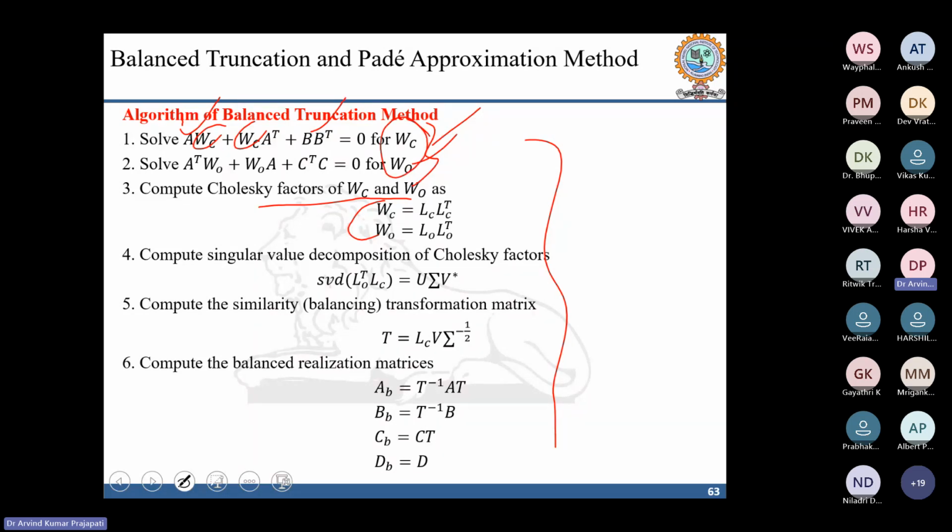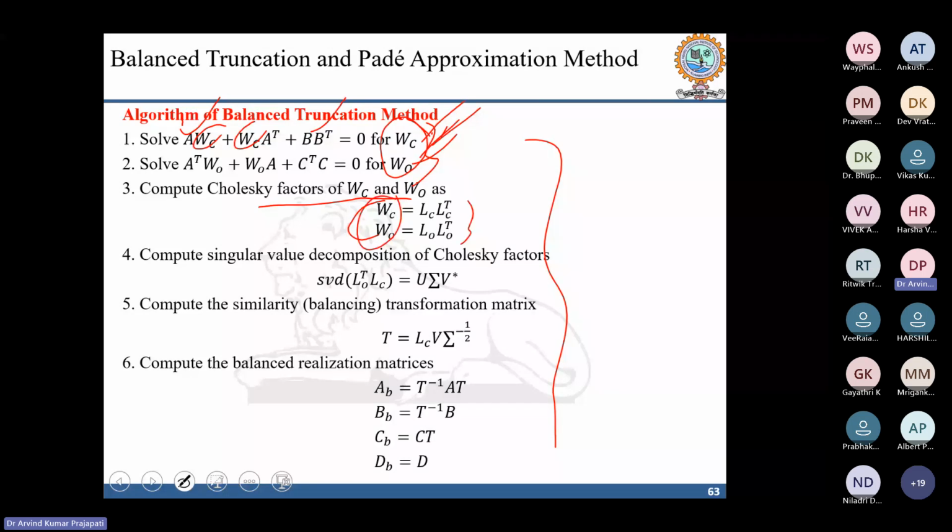If both are not positive definite matrices, it means that the system is unstable, and if the system is unstable, then you cannot use the balanced truncation method. Balanced truncation is limited to stable systems. If the system is stable, then the controllability and observability gramians will definitely be symmetric positive definite matrices. And if they are, then you can definitely convert these matrices into lower triangular matrices, and that is called Cholesky factorization.